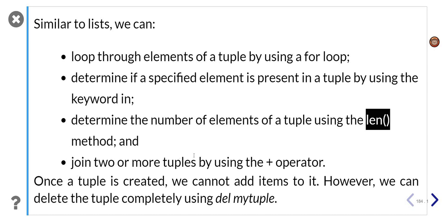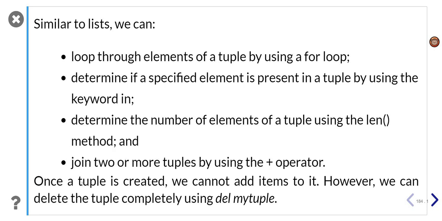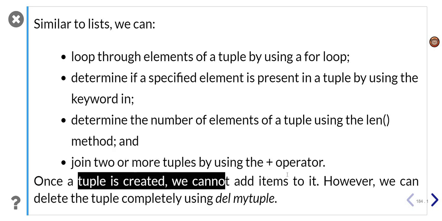You can also join two or more tuples by using the plus operator, just like how we did earlier. Just remember, once a tuple is created, we cannot add items to it. So all the earlier exercises that we did, add, insert and things like that, you cannot do on a tuple.